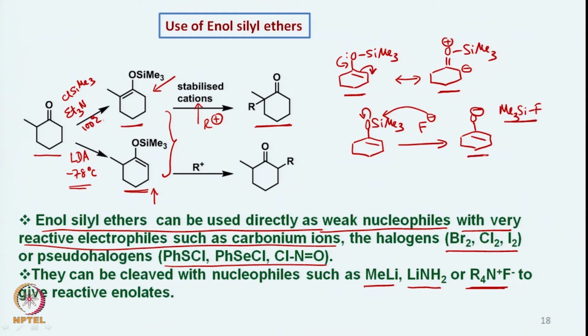It is like any other enolate. The same thing we can do with methyl lithium and lithium amide, for example. This way the relatively weak nucleophilicity of an enol silyl ether can be modified and made into a more nucleophilic enolate ion.